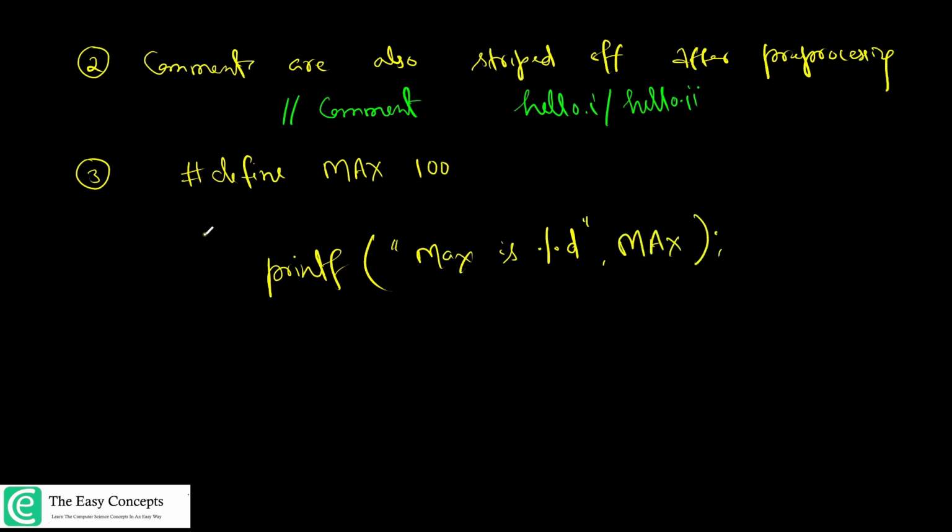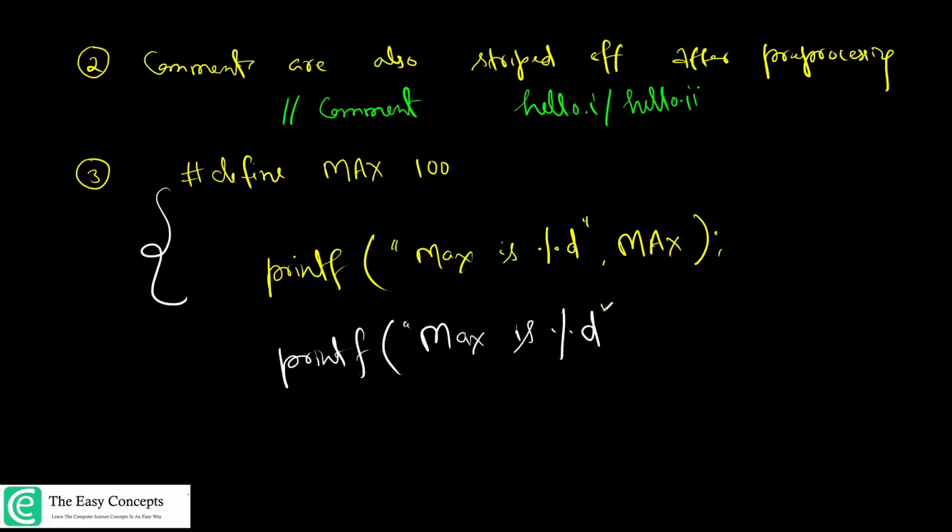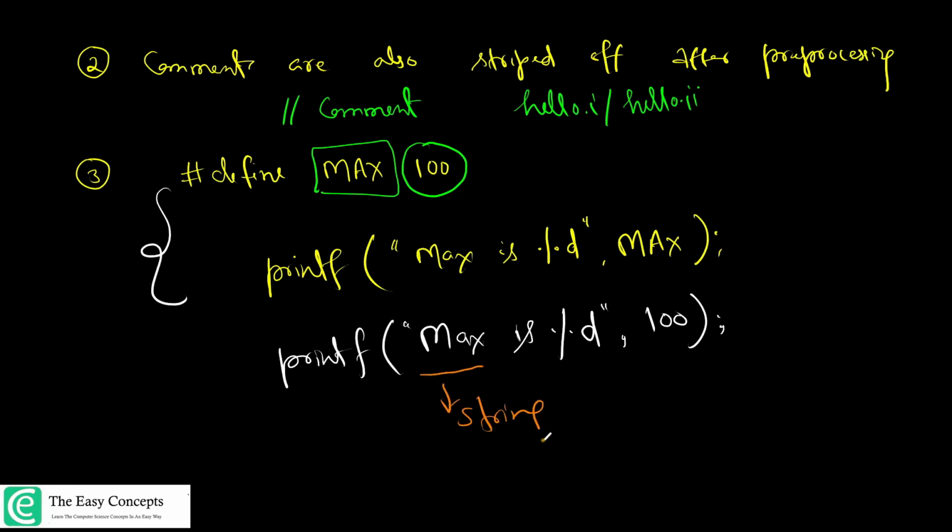So after the pre-processing step, if you see this file, it will become printf("MAX is %d", 100), because the preprocessor searches for MAX in this whole file and replaces those with 100. So now you could ask me one thing, why is this MAX not replaced with 100? Because this is a string and everything that is coming within these two quotes will not be replaced with this constant value. Okay, now moving towards the next point.